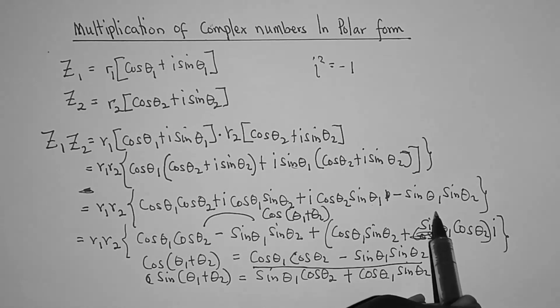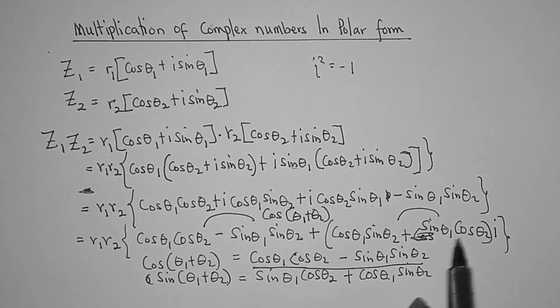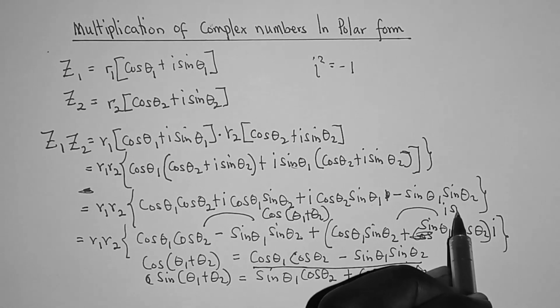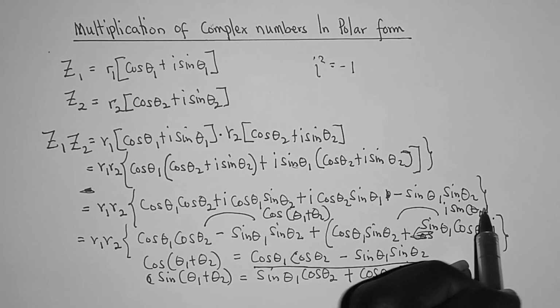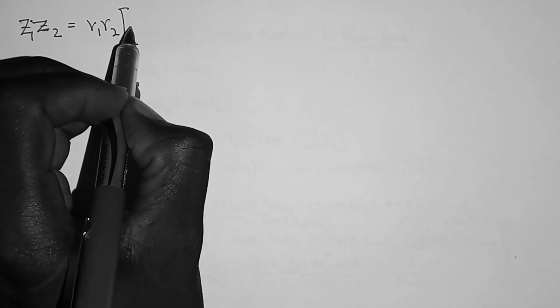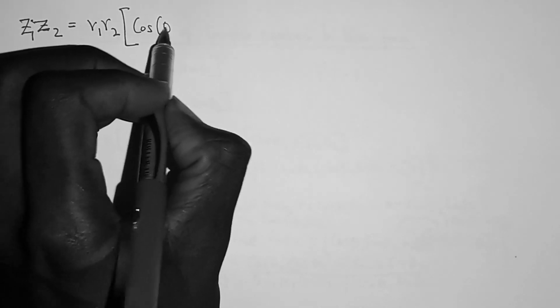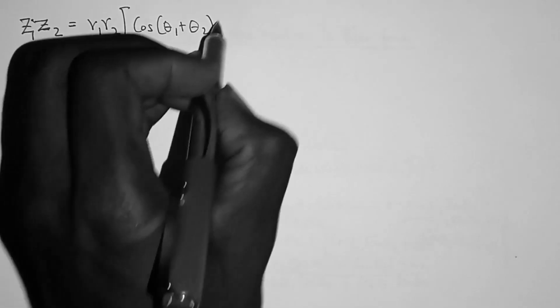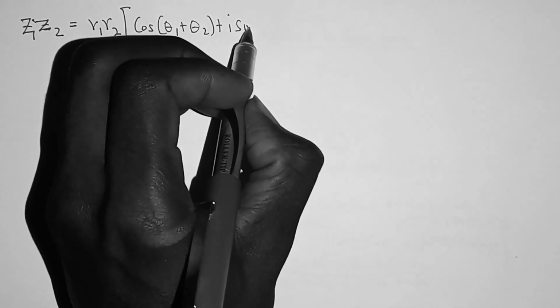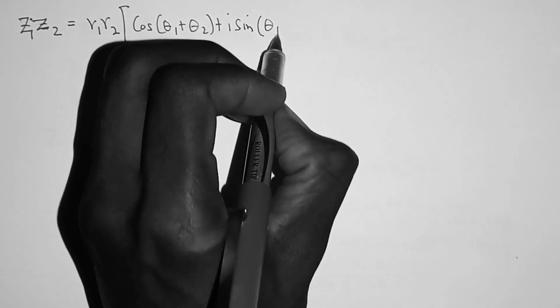And then all of this can also be represented as i sine into bracket theta 1 plus theta 2. So Z1 Z2 is equal to R1 R2, big bracket, cos into bracket theta 1 plus theta 2, and plus i sine into bracket theta 1 plus theta 2.